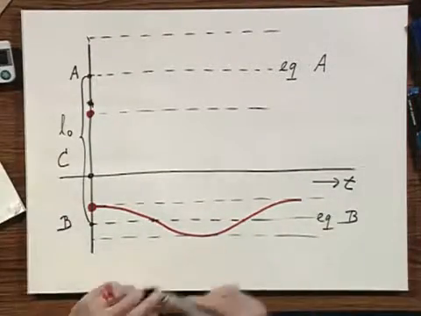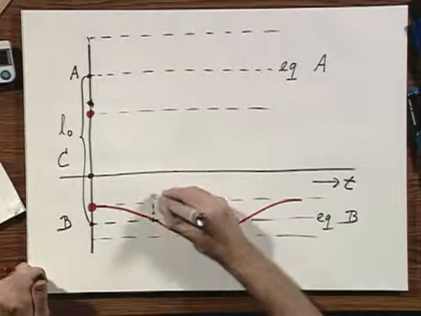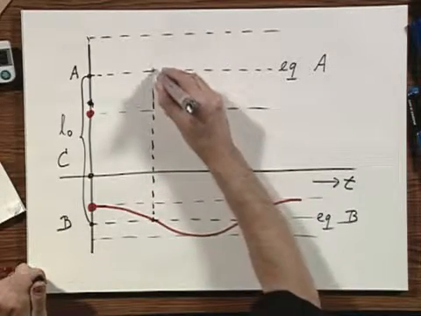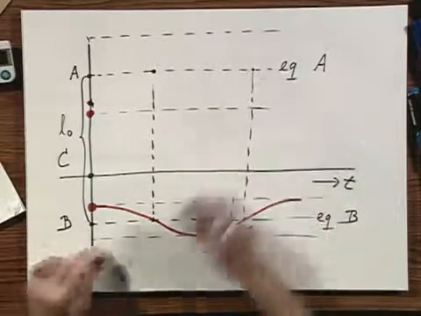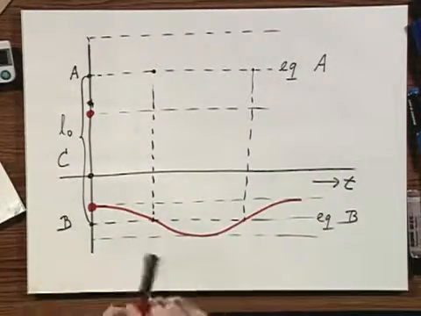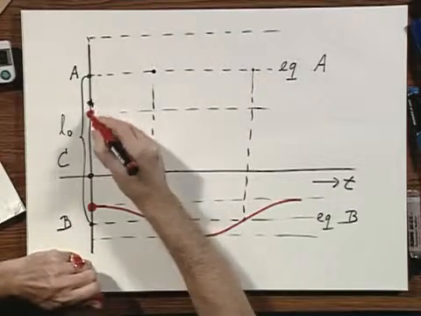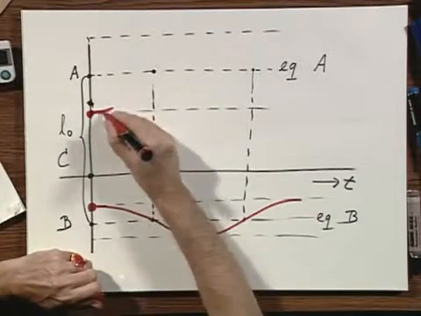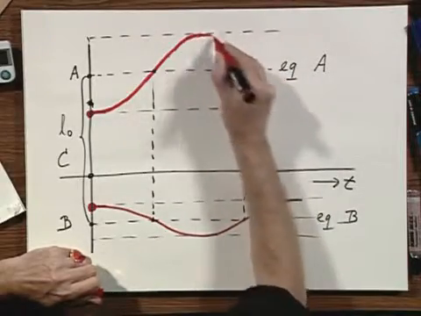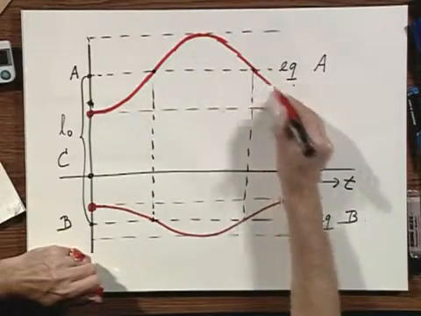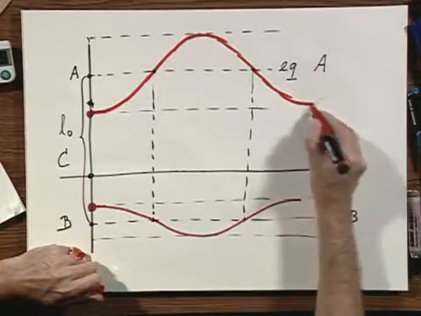At that very same moment, A must also go through equilibrium, otherwise the center of mass would not stay in place. So I can now draw the curve for A, and so on.